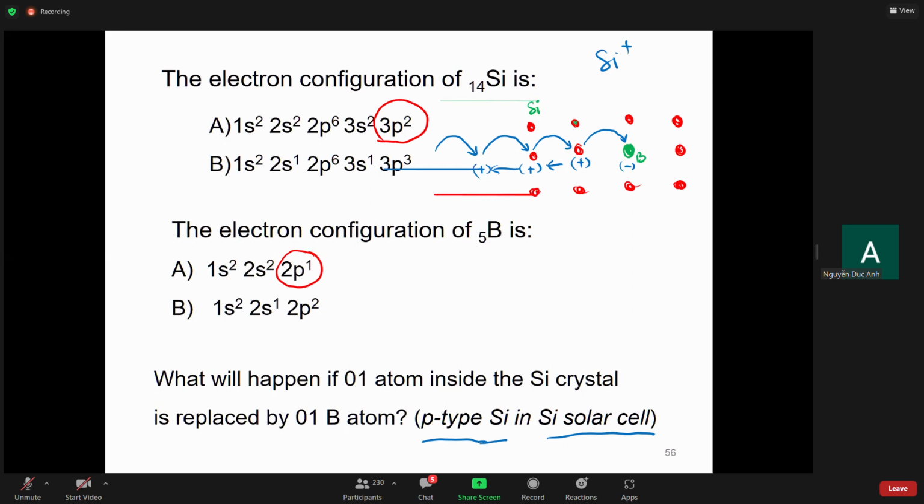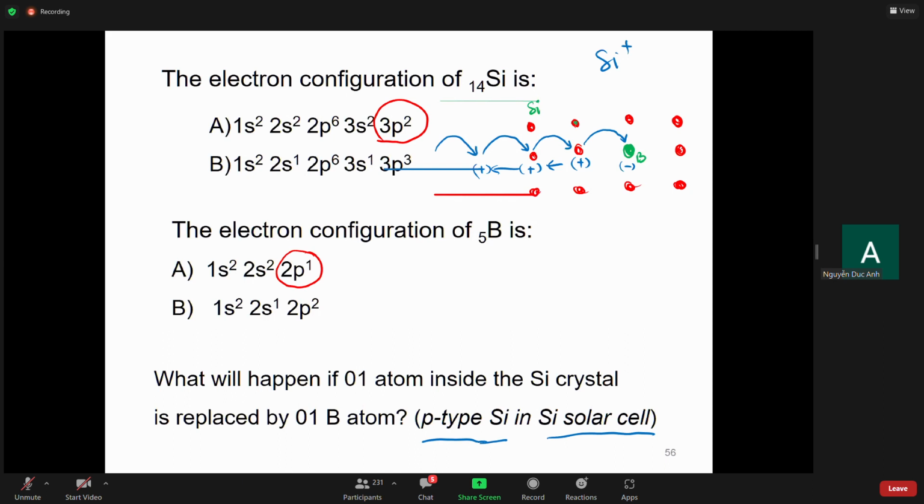It's okay. So is it something similar to semiconductors? No, it's not similar to the case of semiconductors, but it increases the ability of the silicon crystal to transport electrons, and it's very important in terms of silicon solar cells.